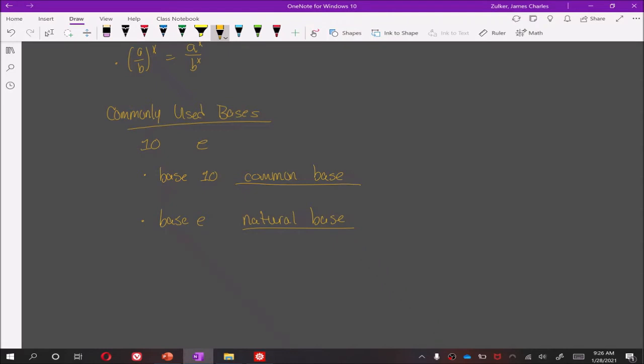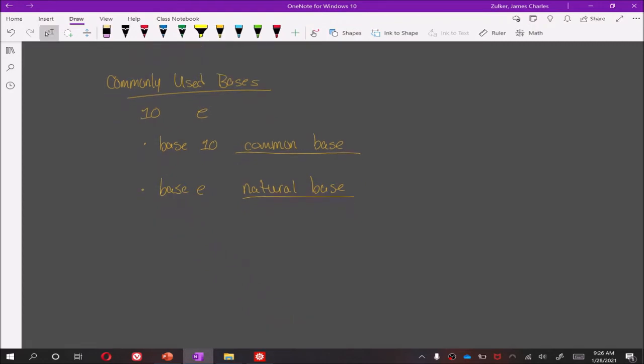Now, we can formally define the number e a little bit later, but for now, e is taken to be approximately 2.71828182845, and so on and so forth.